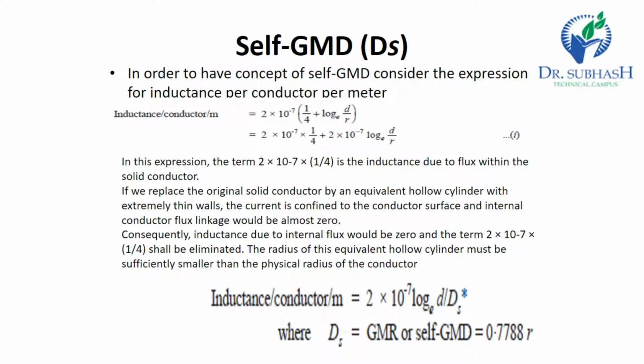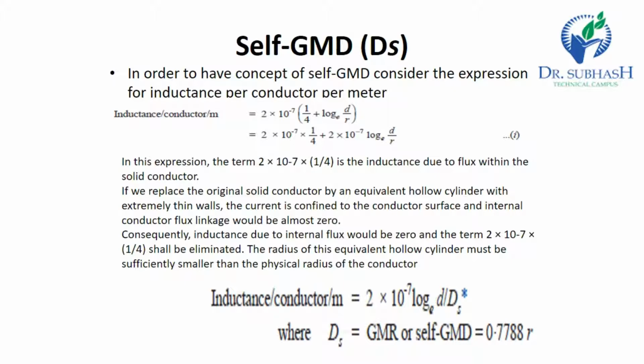Now, self GMD. In order to understand the concept of self GMD, sometimes called the geometrical mean radius, consider the expression for inductance per conductor per meter that we derived in a previous lecture.